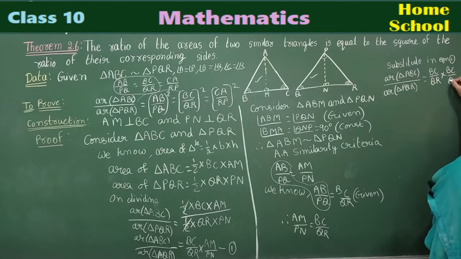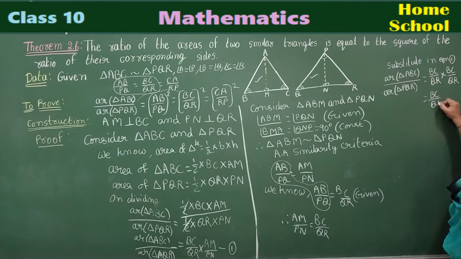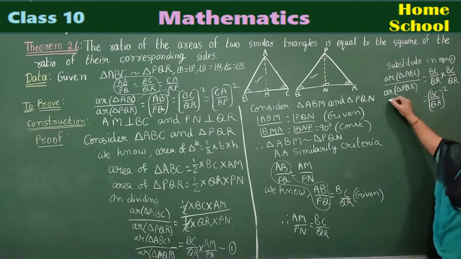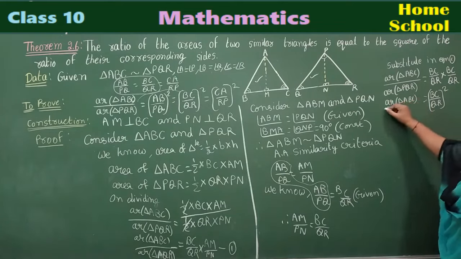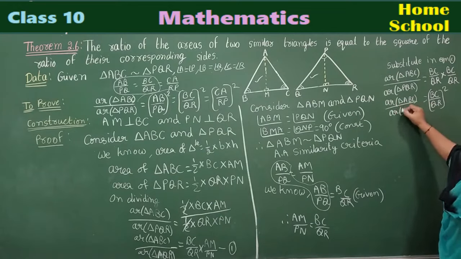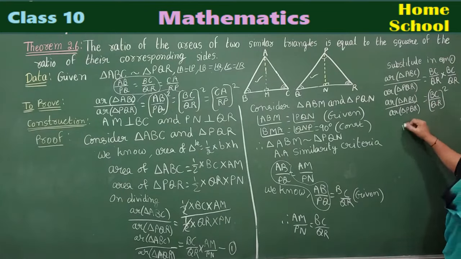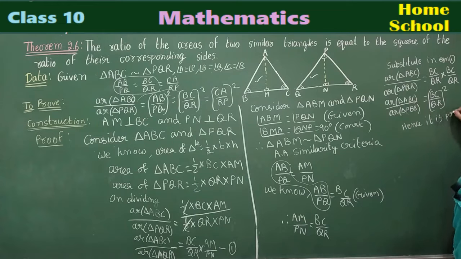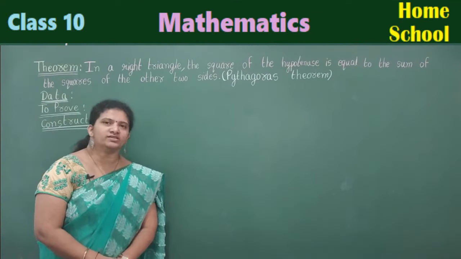Therefore, that will be BC by QR into BC by QR. 2 times multiplied means what you can say? Whole square. Area of triangle ABC by area of triangle PQR is equal to BC by QR whole square. Hence, it is proved.